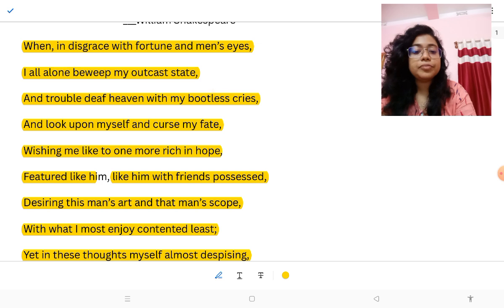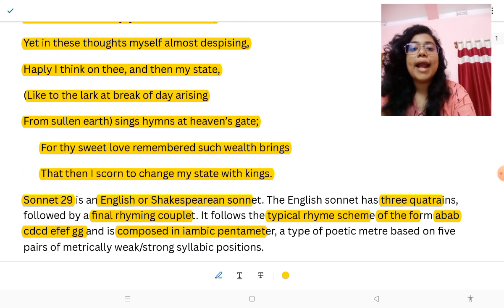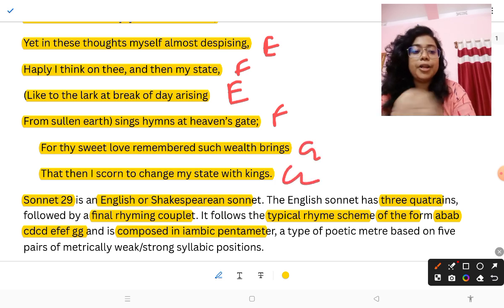Then E F E F: despising, arising, state, gate. G G, the last couplet: brings and kings.